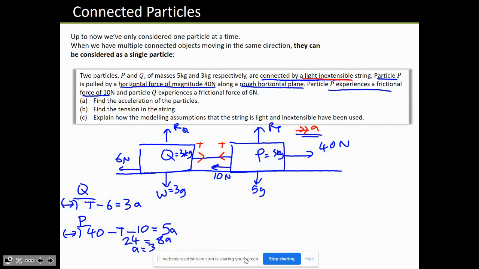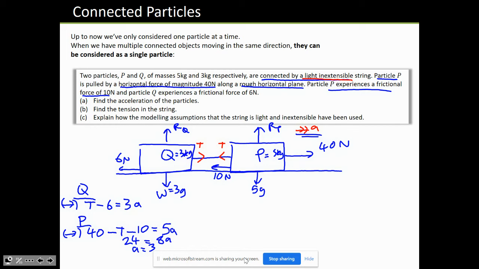Now, considering them separately, because we end up with simultaneous equations, is probably not the most efficient way of doing this. A more efficient way is to consider both particles as a single object. When we do that, you can see we have 40 newtons force to the right.